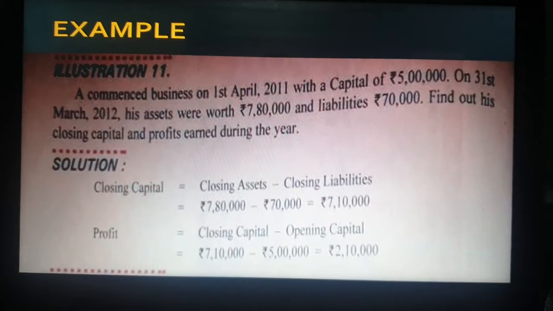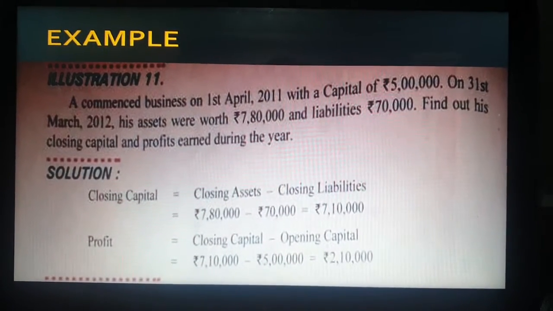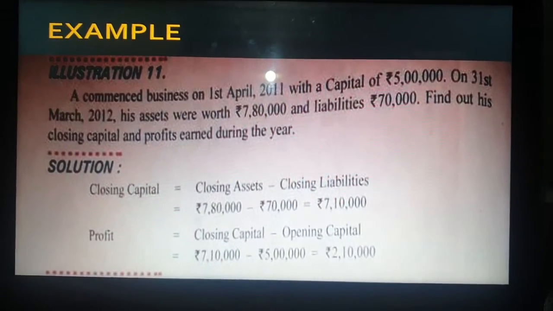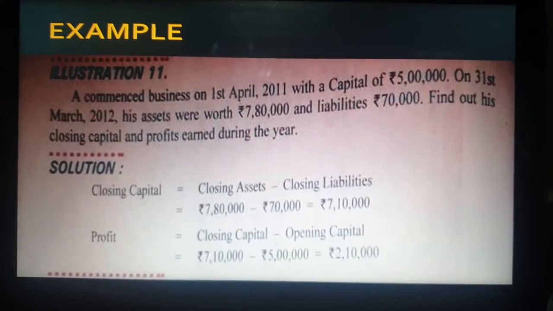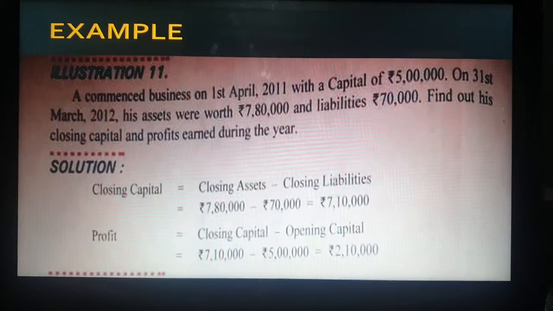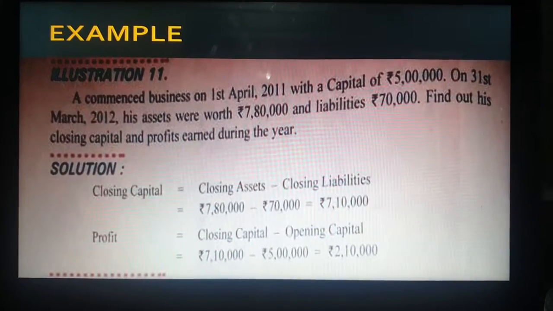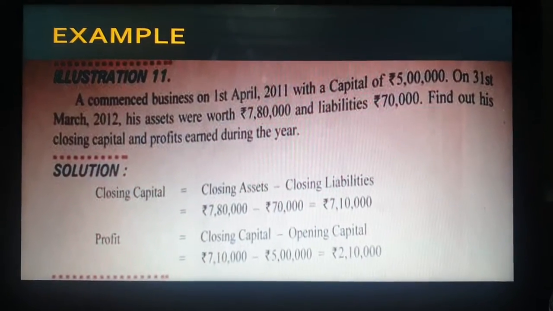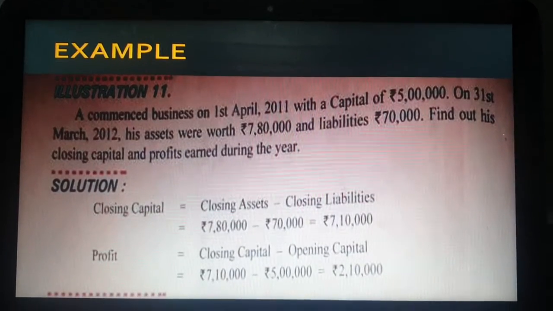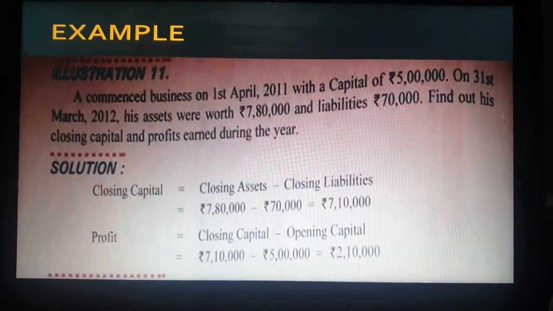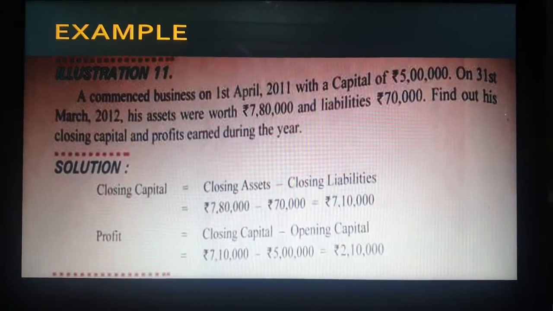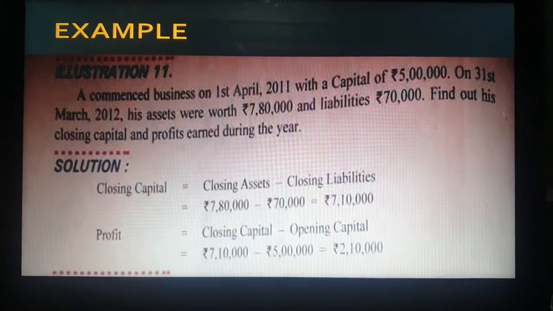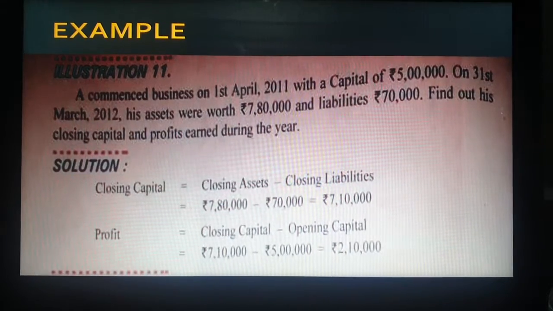Now two things you have to calculate here: closing capital as well as profit. So how will you calculate closing capital? In the previous slide I told you the simple formula: closing asset minus closing liability. So closing asset is 7,80,000 and closing liability is 70,000. The difference of these two is closing capital, that is 7 lakh 10,000.